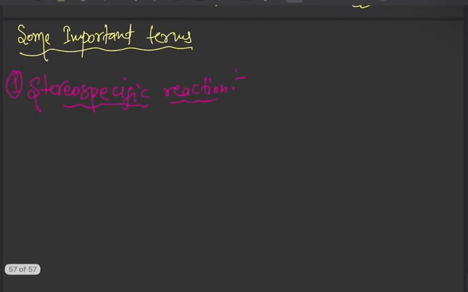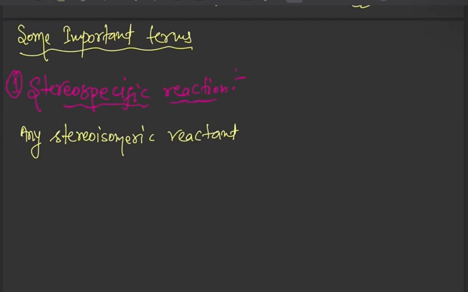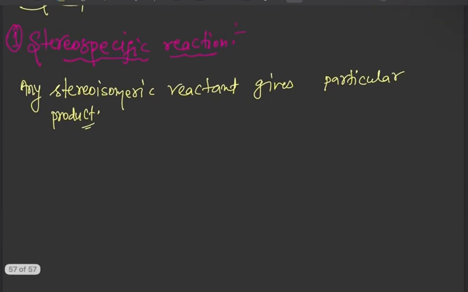If you remember, it means any stereoisomeric reactant gives a particular product, then this will be known as a stereospecific reaction.